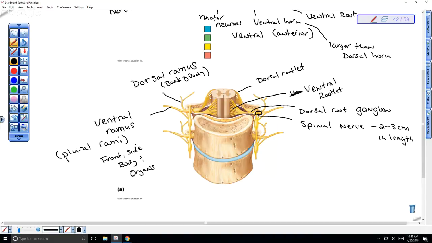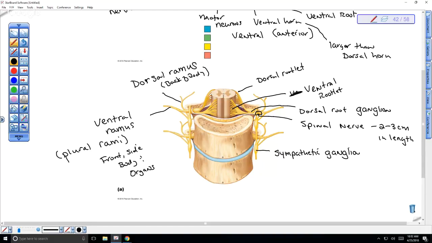Now, coming down along the spinal cord, you'll notice that there are these ganglia. This is what is called a sympathetic ganglia. This is a part of the autonomic nervous system, and this is where the signals that cause fight or flight originate from.